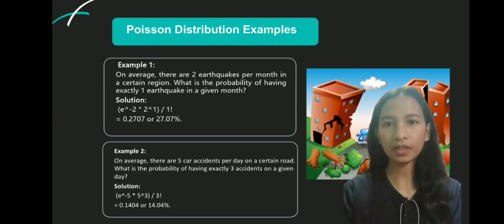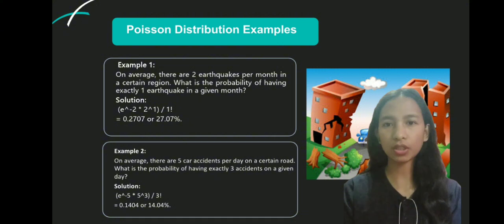Move to example 2. On average, there are 5 car accidents per day on a certain road. We want to calculate the probability of having exactly 3 accidents on a given day. So, solution, we have here the given values. The average number of car accidents per day is 5. The desired number of accidents is 3.